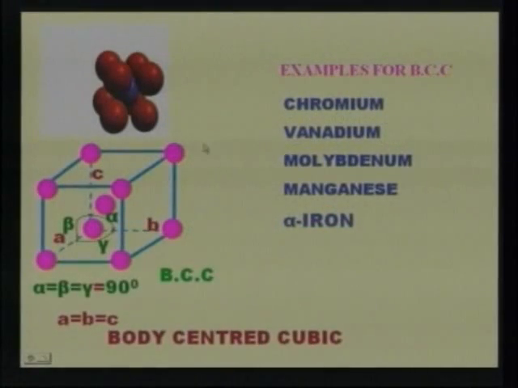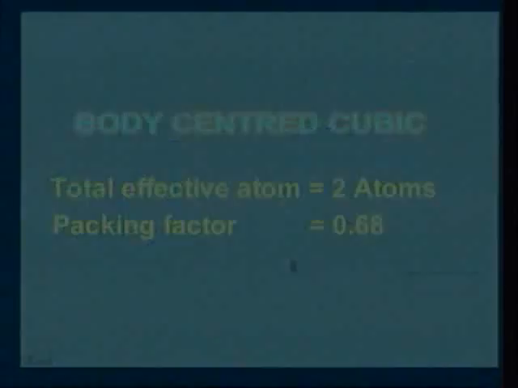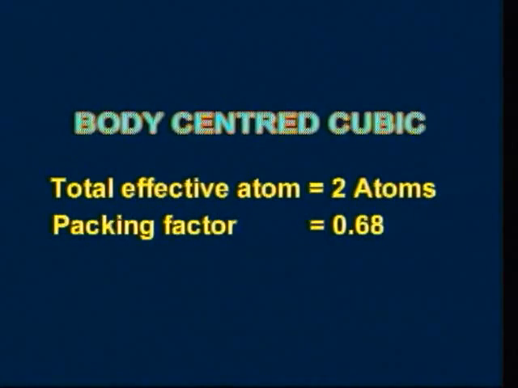Examples of the body centered cubic lattice for a metal are chromium, vanadium, molybdenum, manganese, and alpha iron. The total effective atoms in body centered cubic are 2 atoms. The packing factor of the body centered cubic is 0.68.